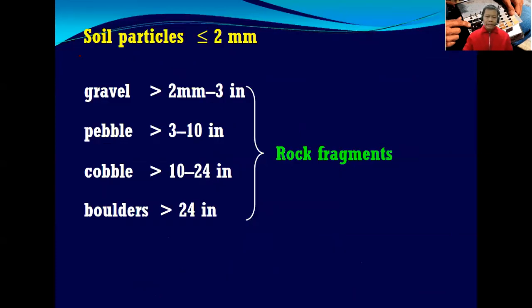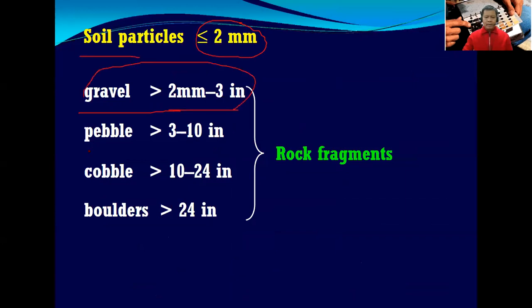So soil particles range from equal to or less than 2 mm, no? So these are the soil particles. Gravel is more than 2 mm, so it is not considered. Gravel ranges from 2 mm to 3 inches, so it is no longer part of the soil particles.